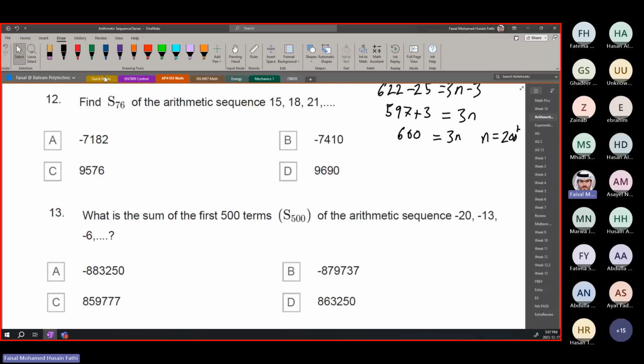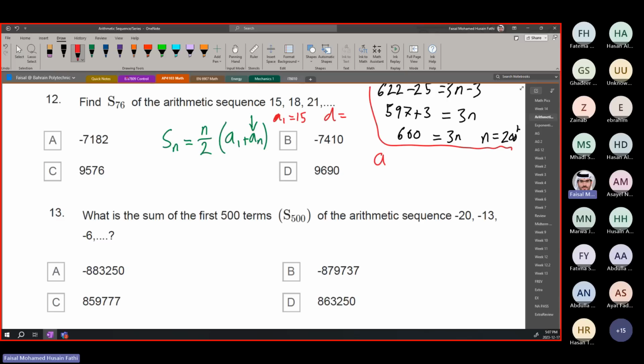Find S76 of the arithmetic sequence. If you remember, the equation for Sn is equal to n over 2 times a1 plus an. So here you have two things you need to find. You need to first find your an, then you can find your Sn. We know that a1 is equal to 15. We know that d is equal to 3.